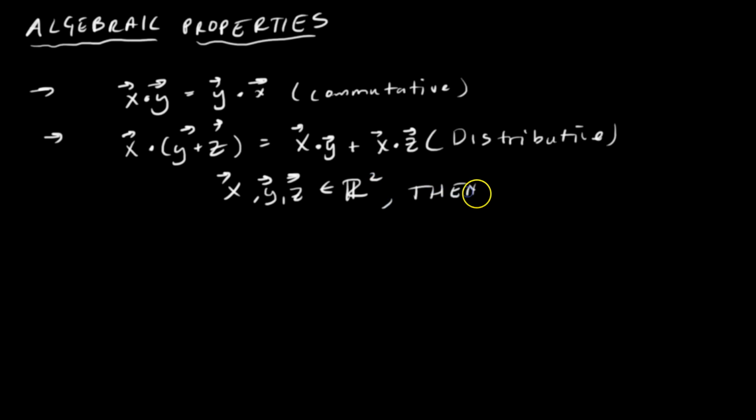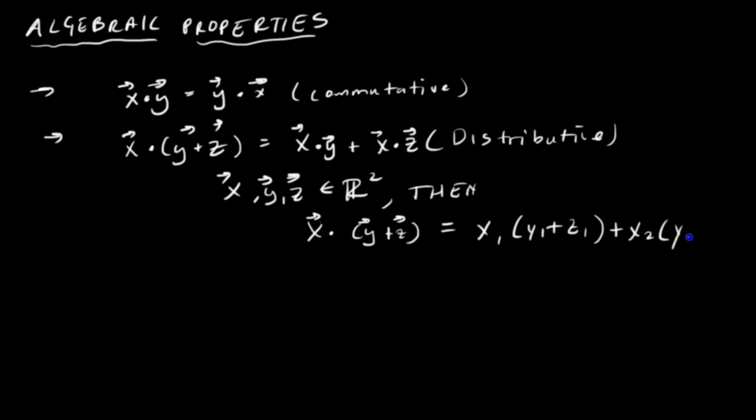Then, the dot product says that we take the components, right? So x dot (y plus z) is going to be equal to x1 times (y1 plus z1) plus x2 times (y2 plus z2). And since it's only 2 dimensions, we're not going any further, right?